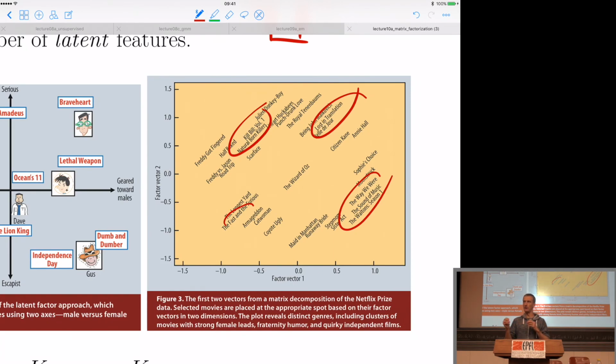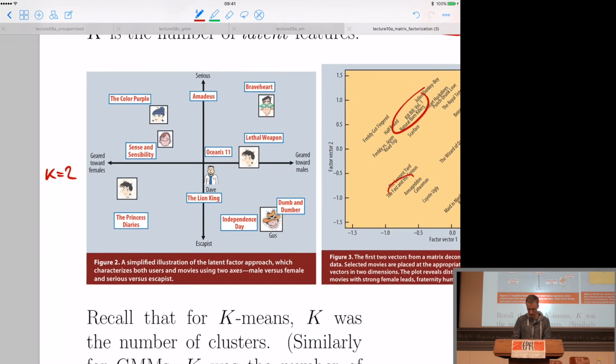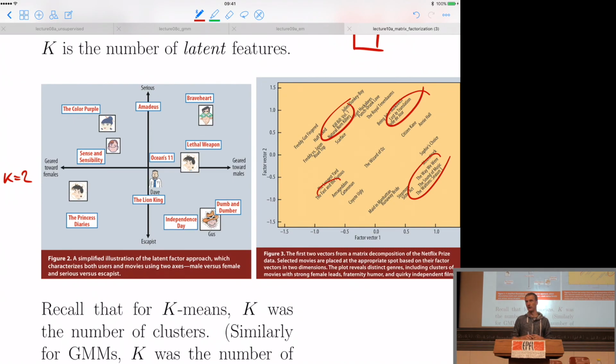The movies which are of a similar style get really clustered together, despite the fact that we have used no information about these movies. We have only used how many stars people have given it, and whether it was the same people or different people. This is actually not k equal 2, but a larger k, and later on they projected it to 2 dimensions to simplify the visualization.